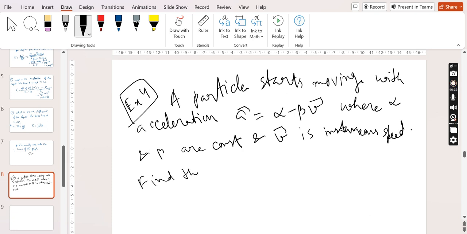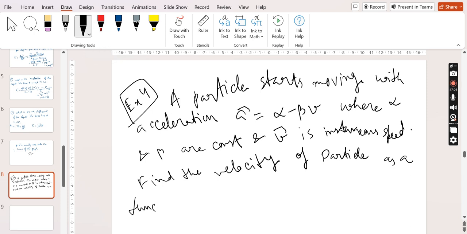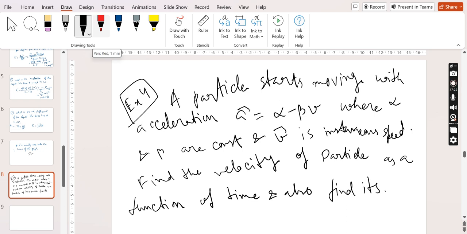Find the velocity of the particle as a function of time and also find its terminal velocity.